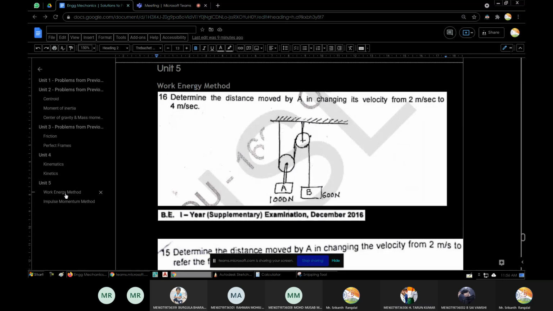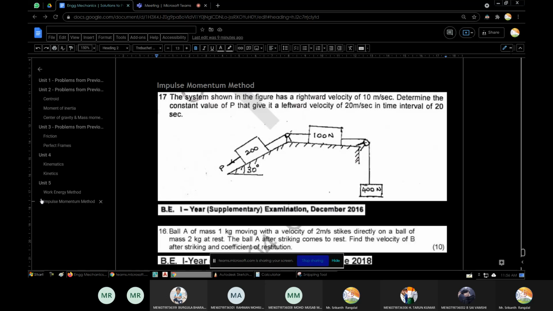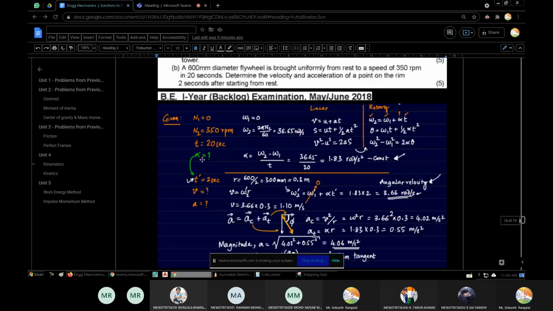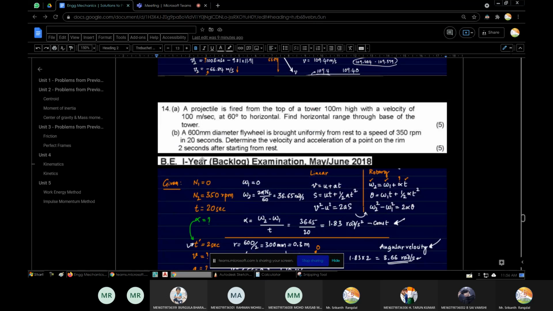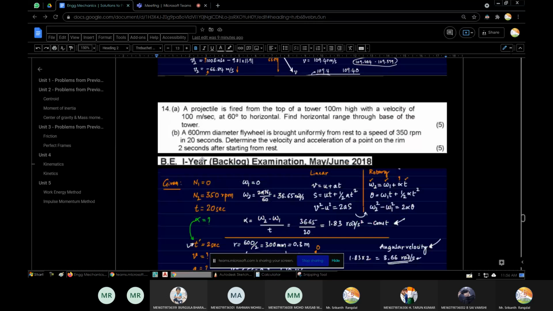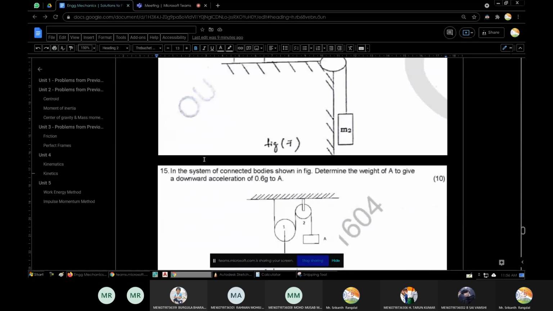Those 2 methods we'll have to do. We have just done kinematics problems today; kinetics we have to start. In kinetics we'll also take up energy relations. We'll do that whenever we meet next.